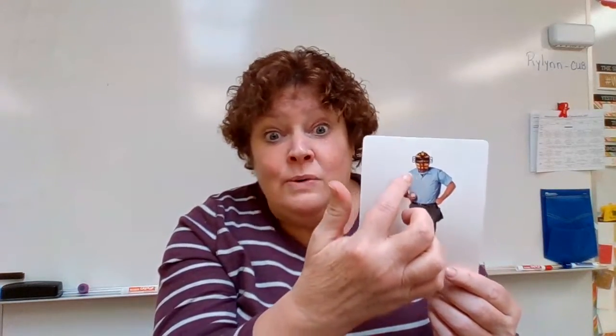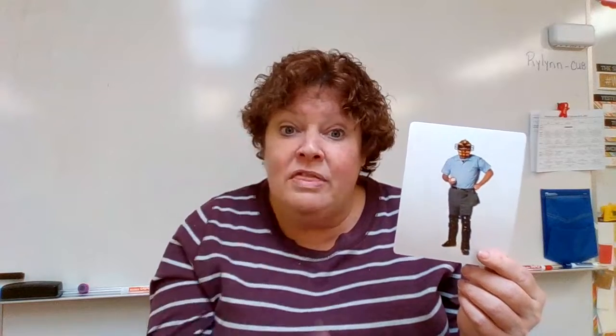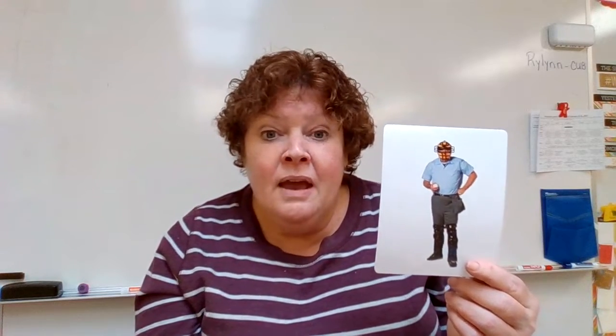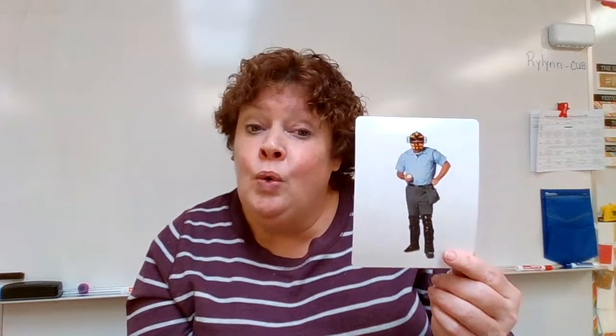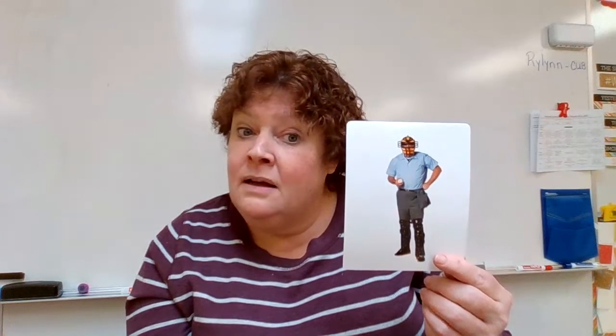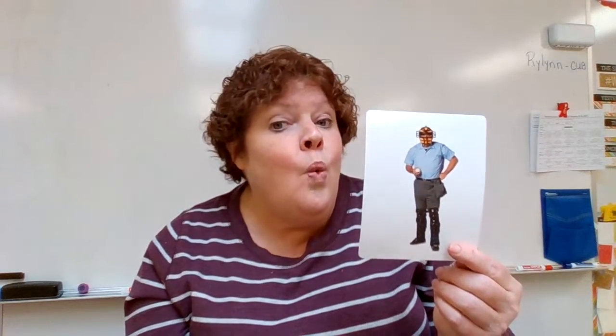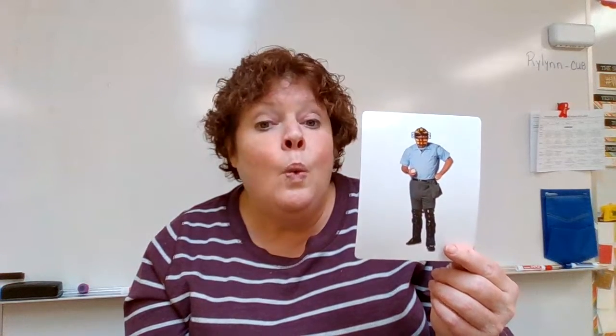But these kind of masks, they've worn those for a long time, and that's to protect their face in case they get hit with the ball. And so who is wearing the mask? The umpire. Good. And what is he doing? He is wearing a mask.